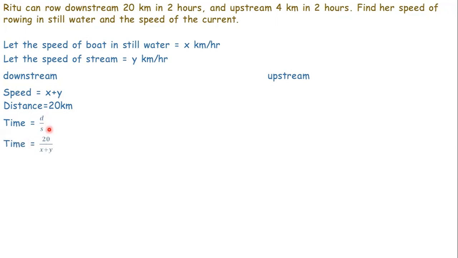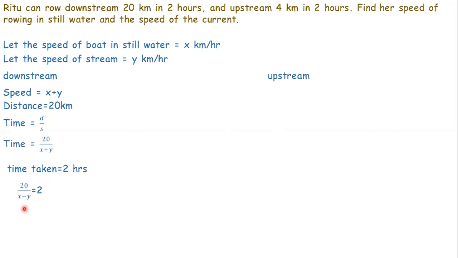So the time taken to travel downstream is 20 by x plus y. It is given that the time taken is 2 hours. That is, 20 by x plus y is equal to 2 hours.